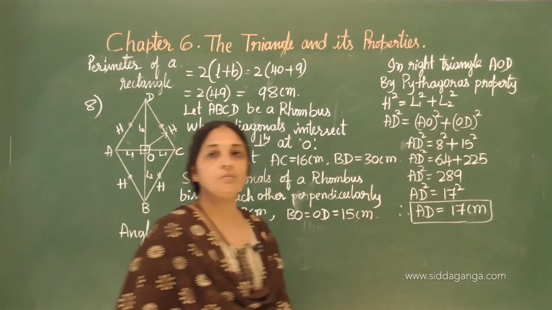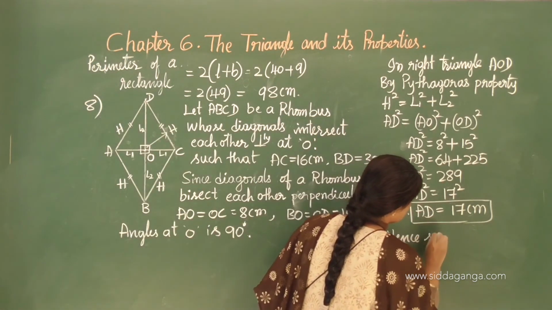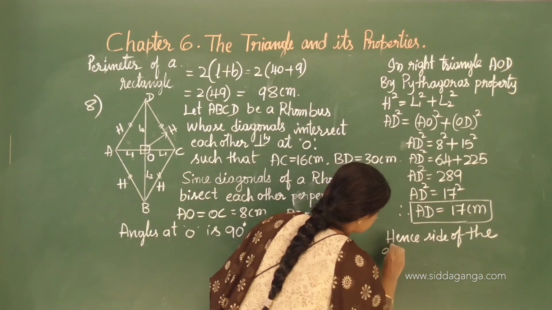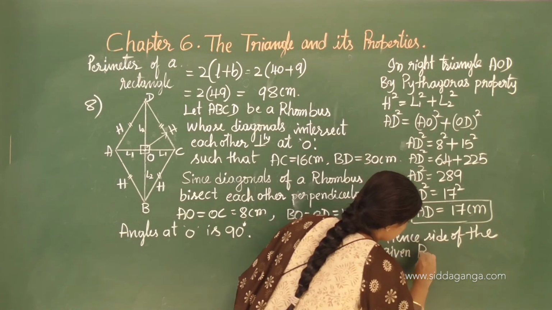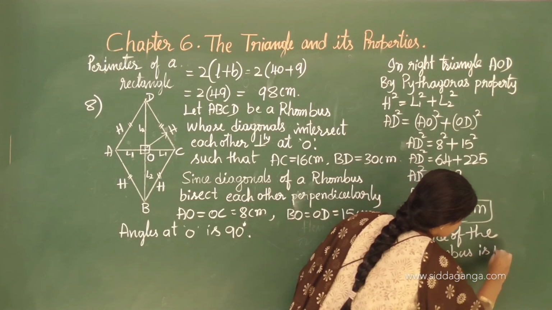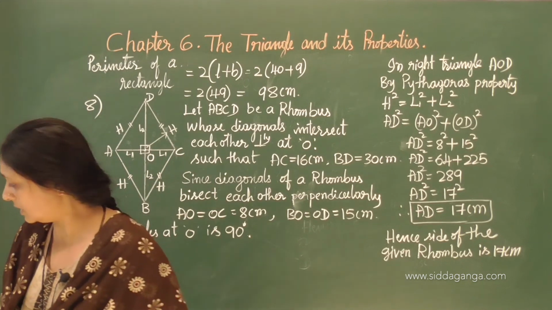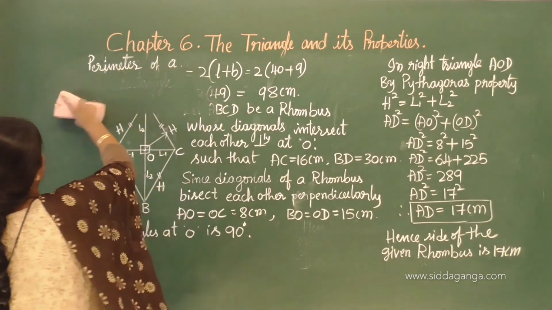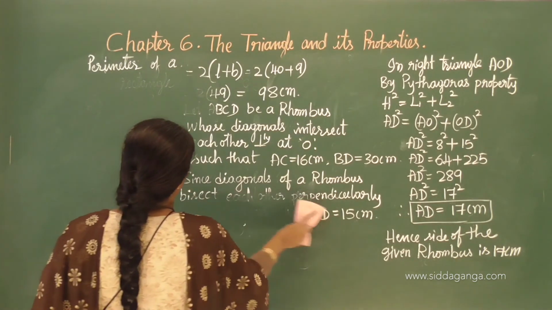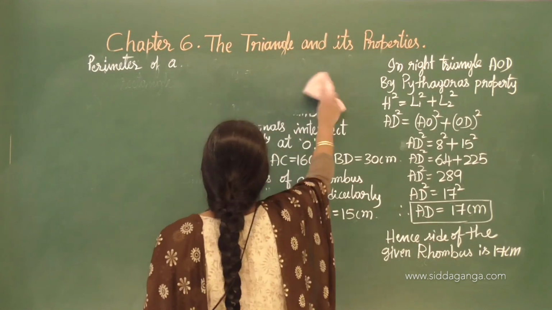Hence the side of the given rhombus is 17 centimeter. Then find the perimeter. Here also we can take the perimeter of the rhombus as 4 times the side because all the sides are equal.